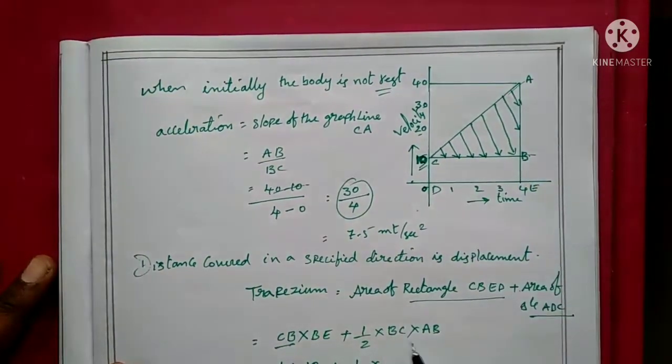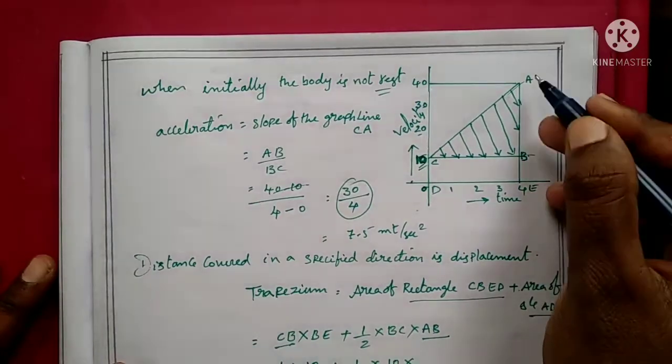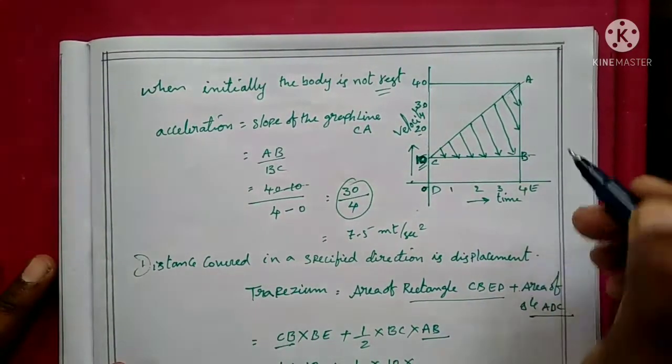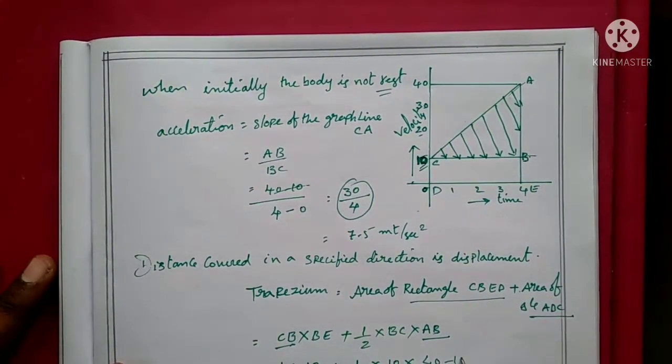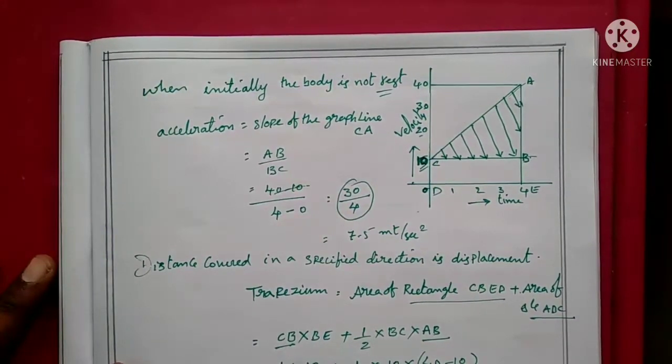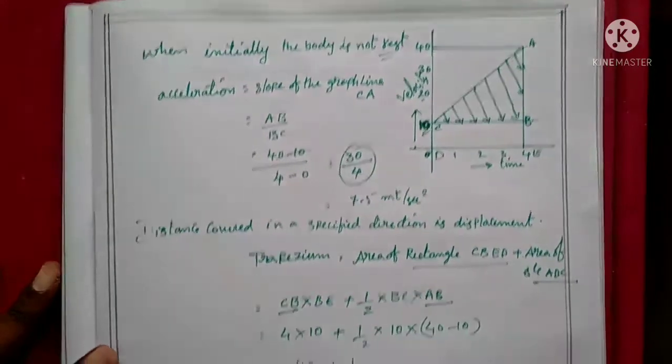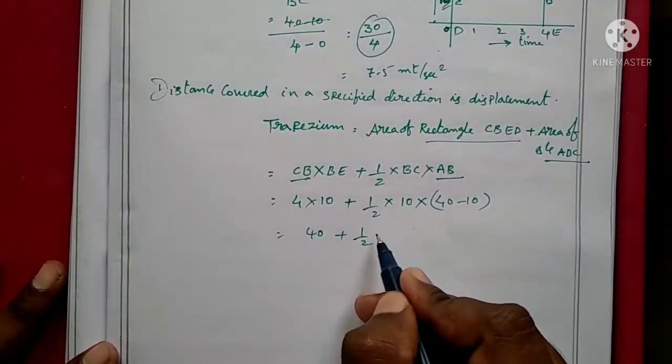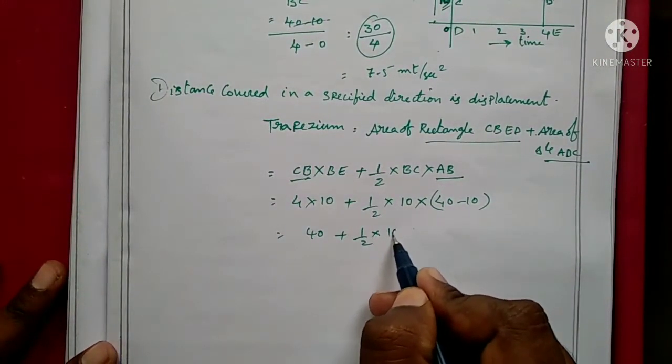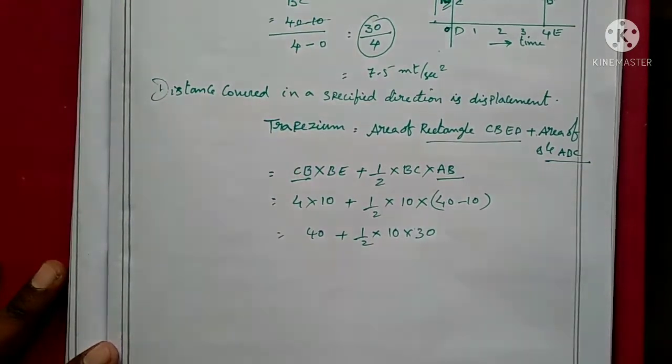B into C, that is equal to how much? 10. AB, A into B, 40 minus 10. So 4 tens are 40, plus half into 10 into 30.